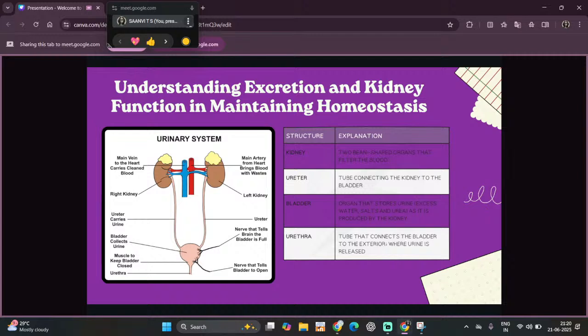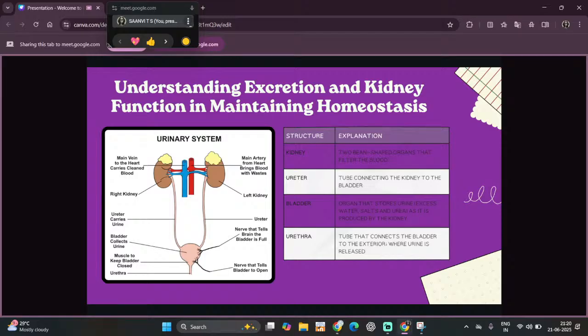Moving on to our next concept, which revolves around the urinary system. We have four major key components of the urinary system. The first one is obviously our kidney, which are bean-shaped organs that filter out the blood. The major filtering unit in our kidney are the nephrons.